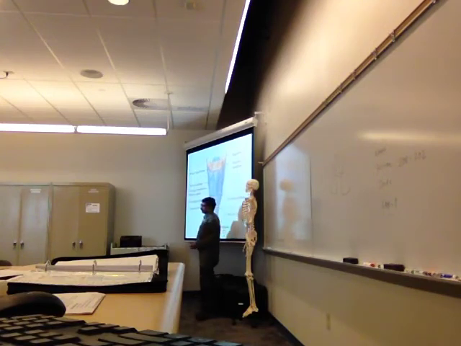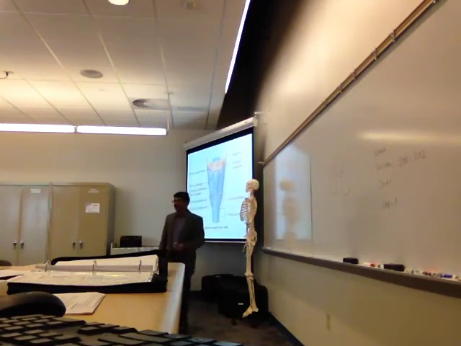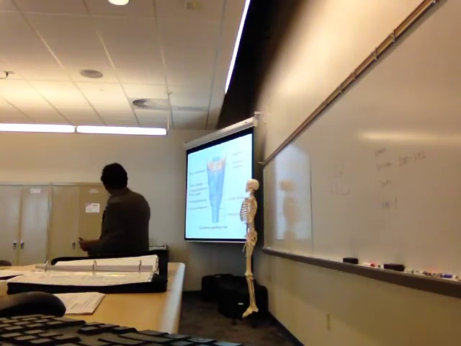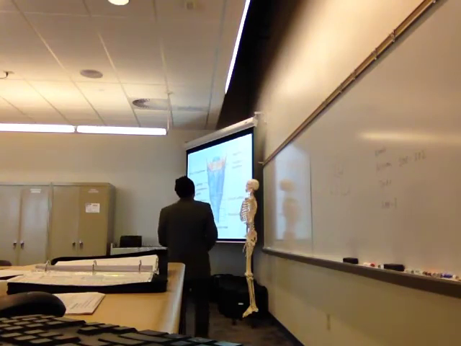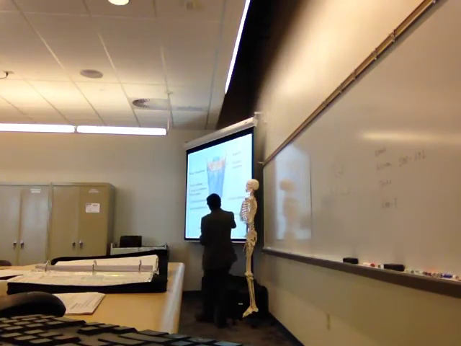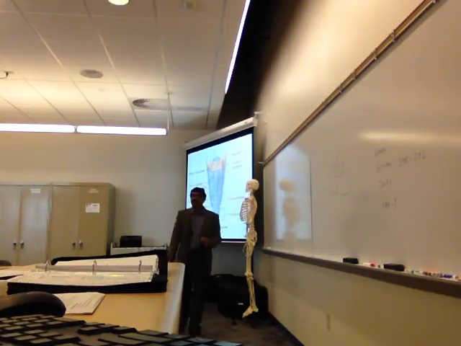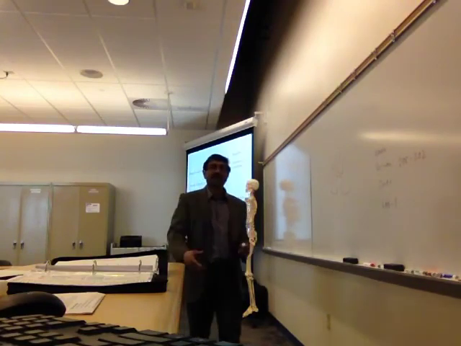Then the ligament that connects the thyroid cartilage and cricoid cartilage is called the cricothyroid ligament. Starting from the lower one, cricothyroid, thyrohyoid. Those are the connective tissue structures present in the larynx.